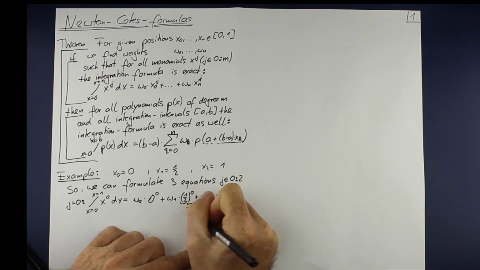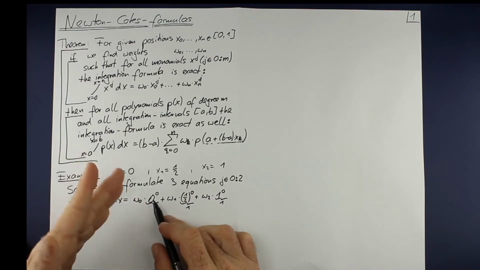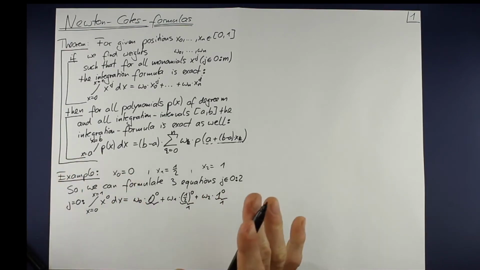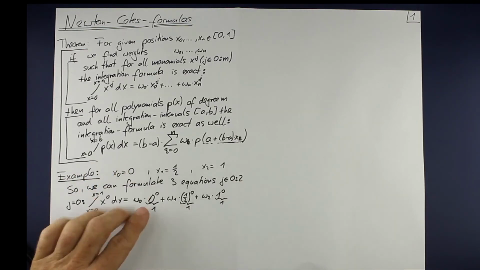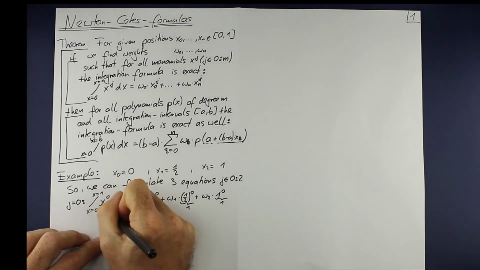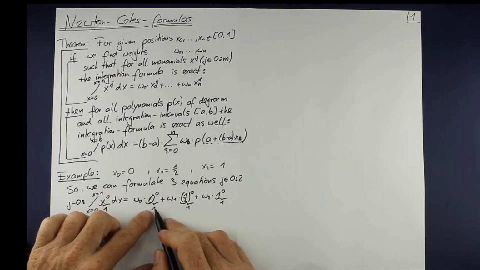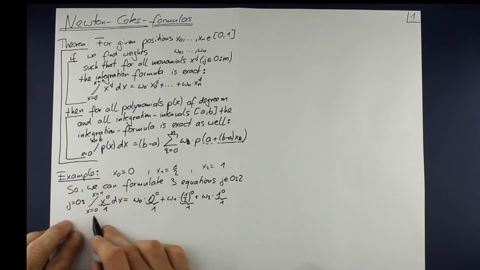This is also 1. And this is an interesting point because 0 to the 0th power is mathematically not well defined. In this case, 1 is the right choice. So it's the constant 1 function. So we have here also a 1. Okay, now let's think about what we have here.